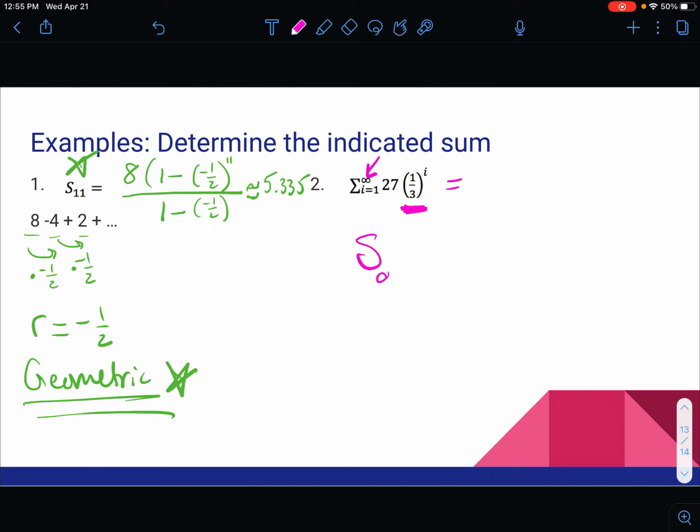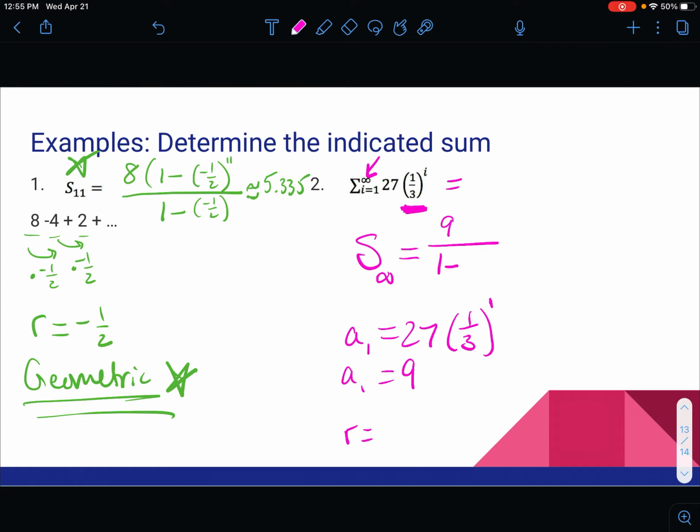We're going to say the sum of infinite terms is the first term. Well, let's see. What is the first term? 27 times 1/3 to the first, which is 9. So go ahead, put 9 as your first term value over 1 minus the ratio.